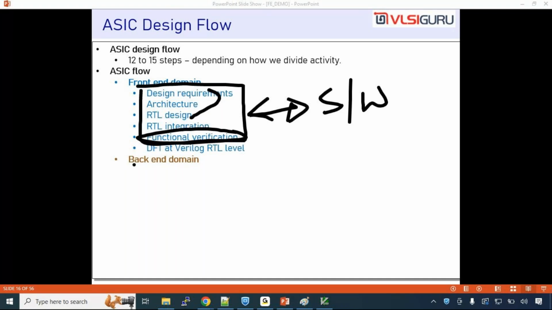After that, the difference comes between software and hardware. In software, there is no backend domain because once you test the software, it finally gets deployed. Let's say you have a banking software, you don't convert the software into a chip. The software gets installed directly into the laptop or into the servers.